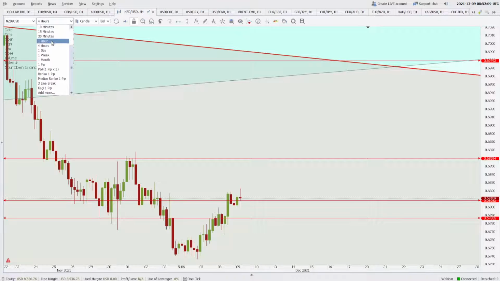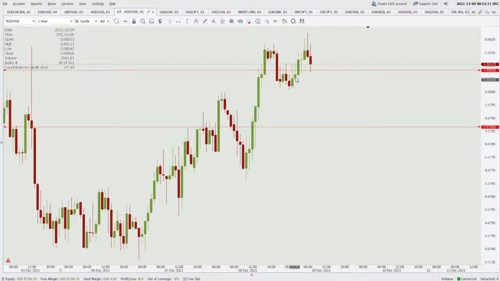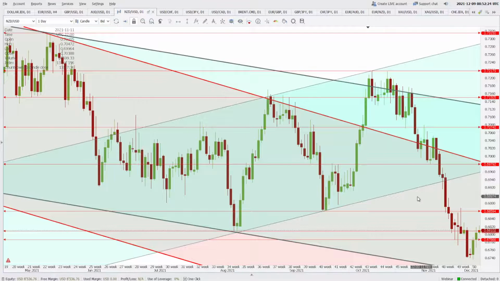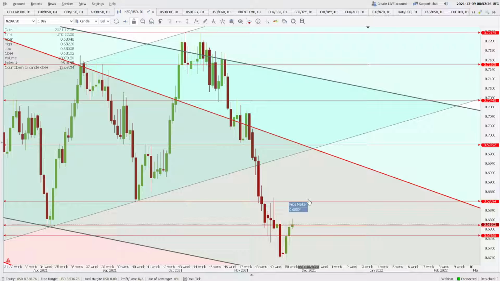If you switch to 1 hour, then you will know that this was rejected badly in the form of a bearish pin bar. So if the price goes below 0.6808, the next level to be tested will be 0.6786. But if it continues higher, then I have already mentioned that the next resistance is going to be 0.6859.